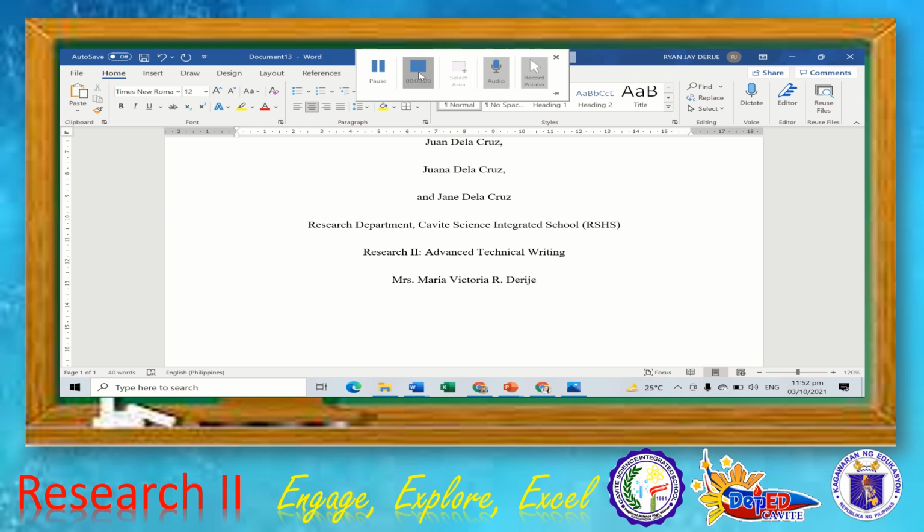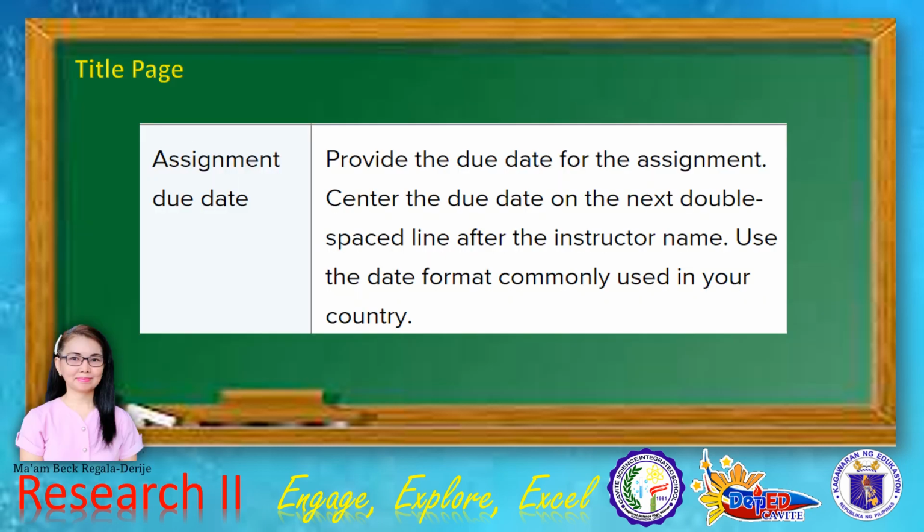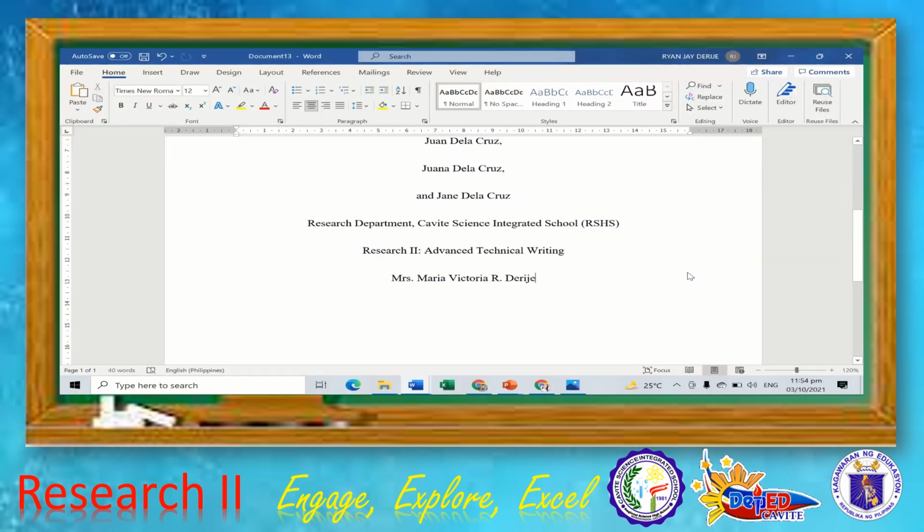Okay, next. The assignment due date. Provide the due date for the assignment. Center the due date on the next double space line after the instructor's name. Use the date format commonly used in your country. So after the instructor's name, another double space line.